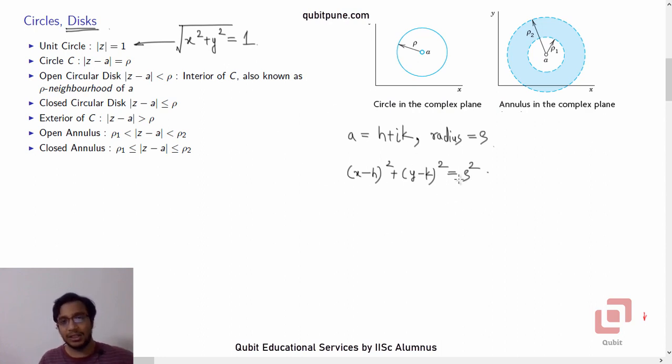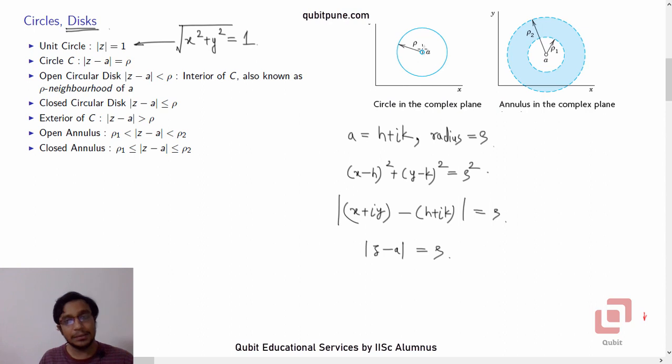Applying the same logic, if we take the root, this is the modulus of the complex number x plus iy minus h plus ik. We know how to define the subtraction now. This gives us mod of z minus a equal to rho.